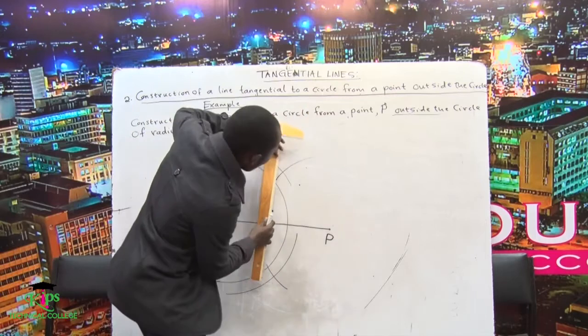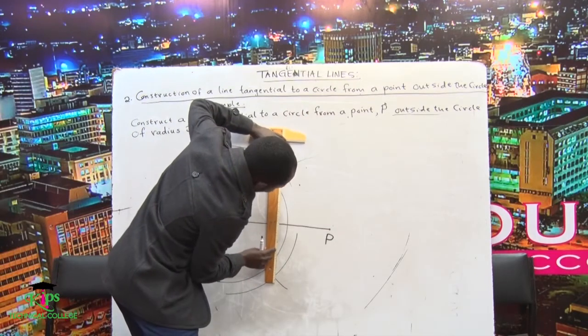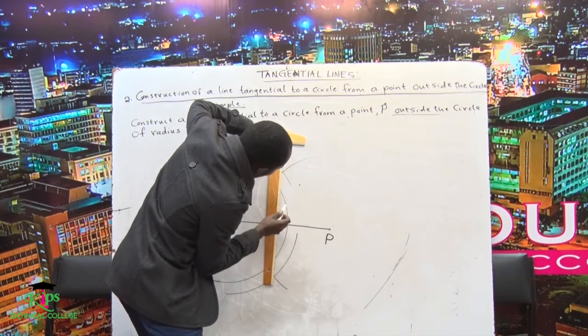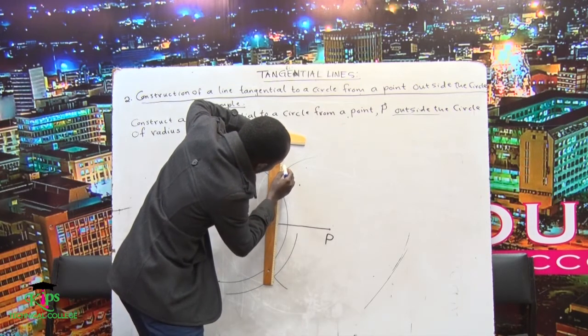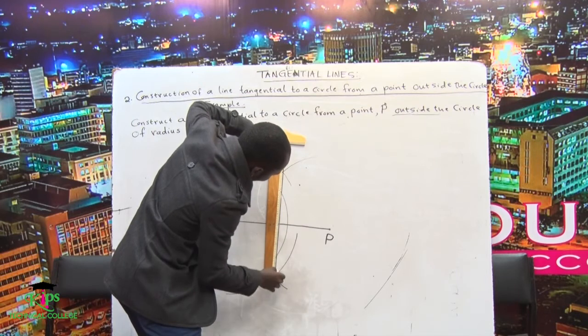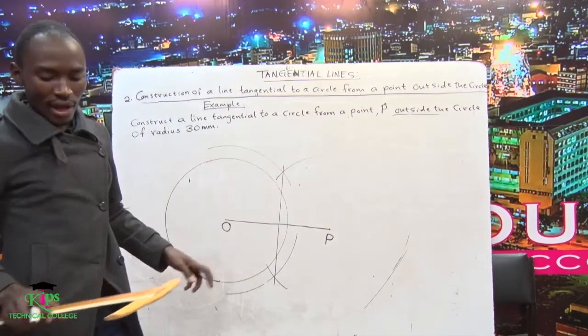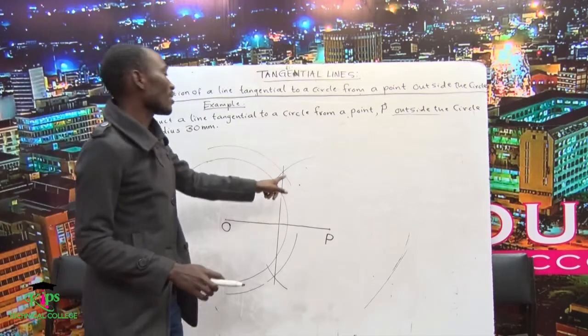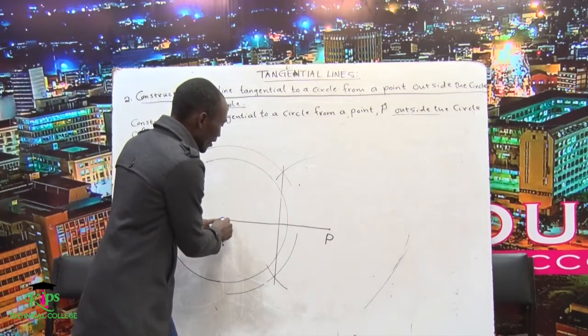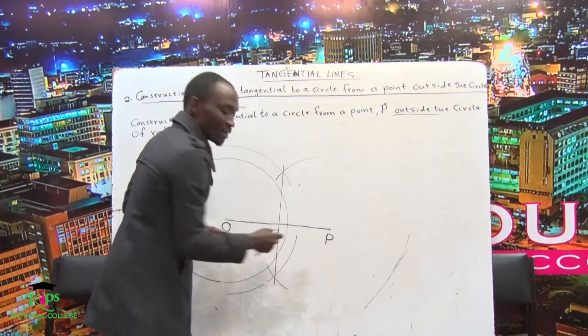Take up my ruler. So I've joined where the two arcs have intersected. So I have bisected line OP.